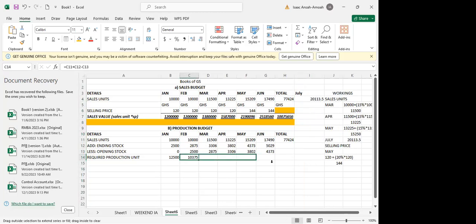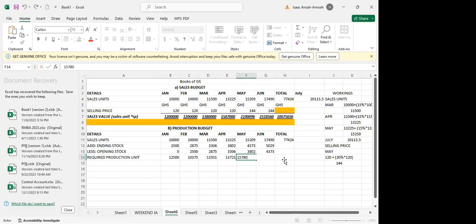Remember, I said we are maintaining this whole number, which will be 15,000, then 15,780, then here will be 18,146.